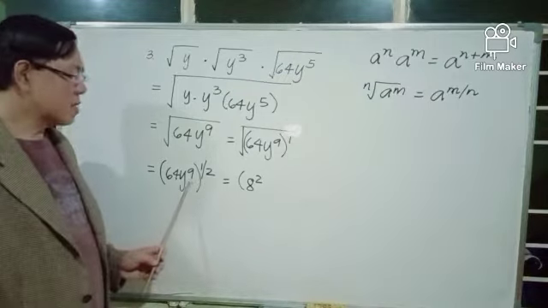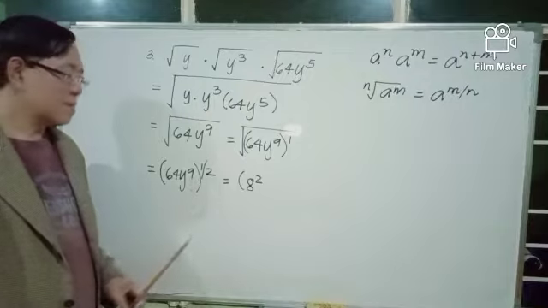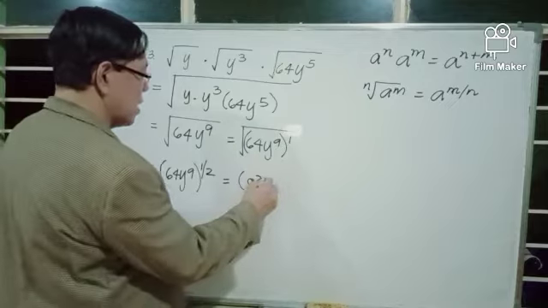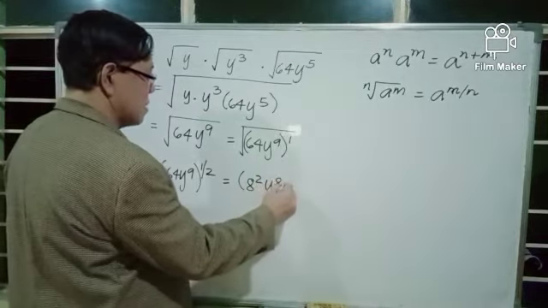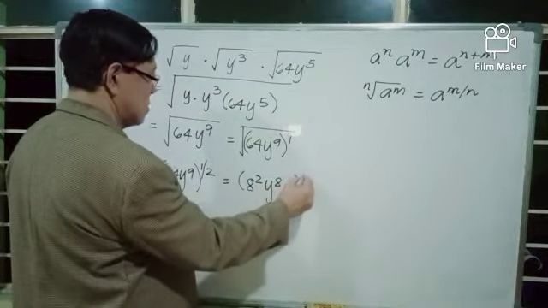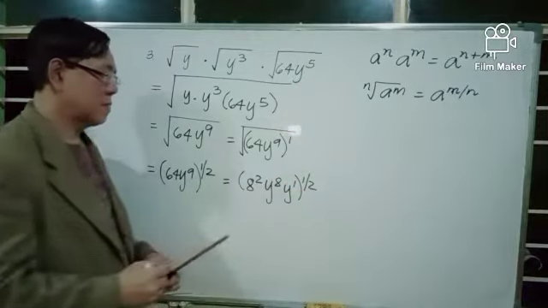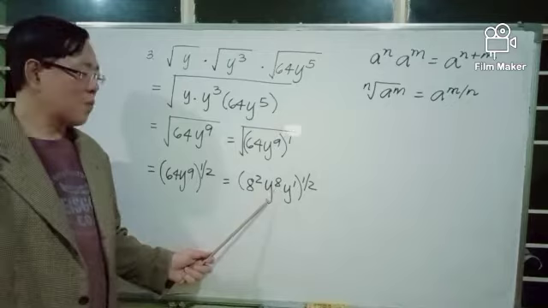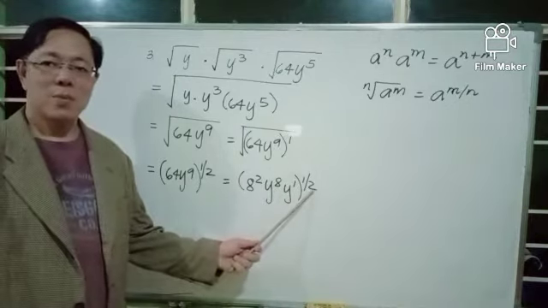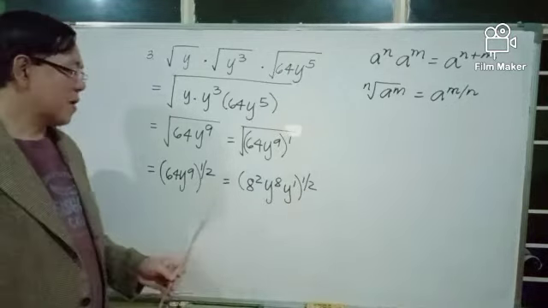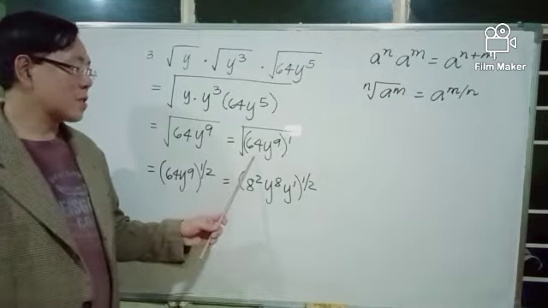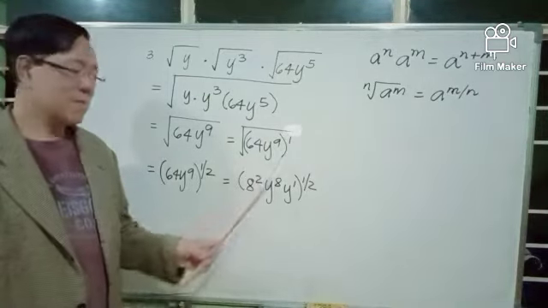If we write y raised to 9 as the product of y raised to 8 and y raised to 1, this exponent 8 of y is divisible by 2. We are trying to simplify the expression, we are trying to extract the root of 64 y raised to 9.